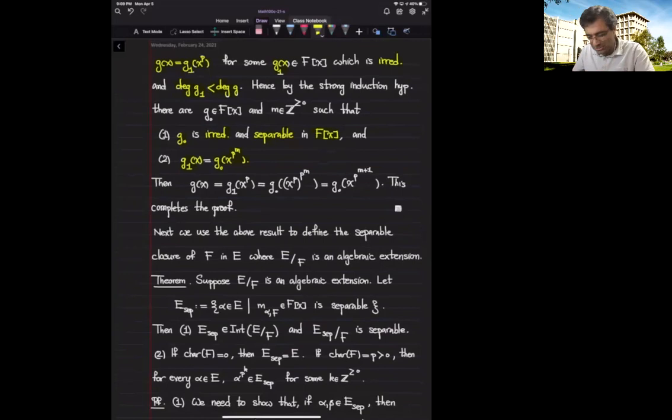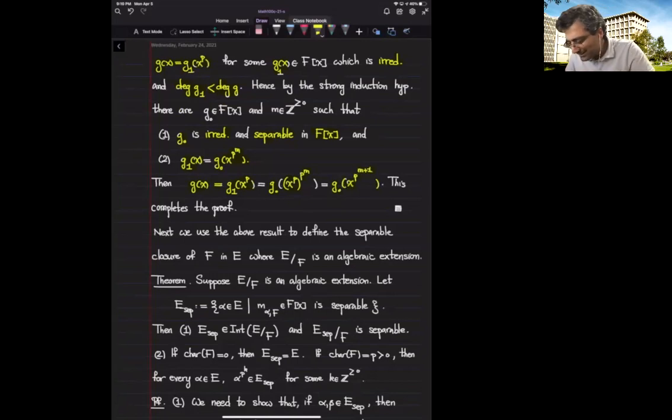Now let's connect it to g. G is g1 at x to the p. g1 itself is g naught at x to the p to the m, but now instead of x, I'm going to write down x to the p to the m, x to the p. So altogether, we get that it is g naught at x to the power p to the power m plus 1.